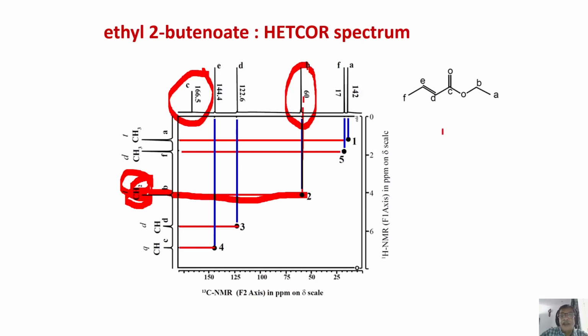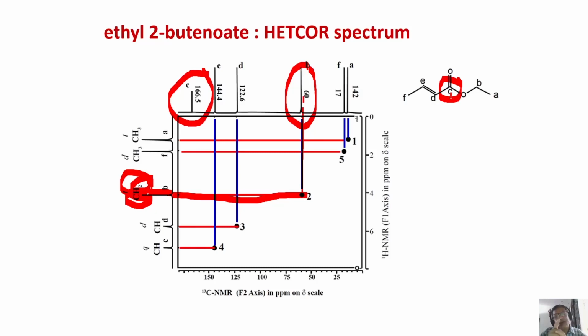It has to be this carbon, because this carbon has no directly attached proton. As a consequence, in the Hetcar experiment, this carbon will not give rise to any cross peak. This is the important point you should remember: you get peaks only for the carbons that are attached to protons in Hetcar.